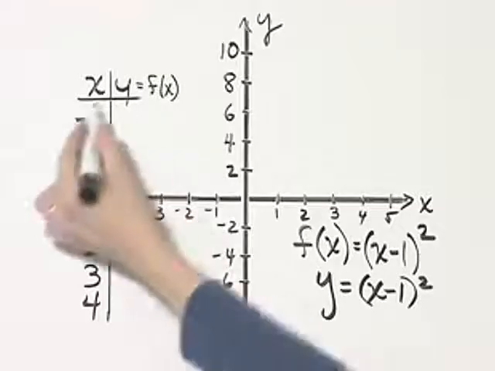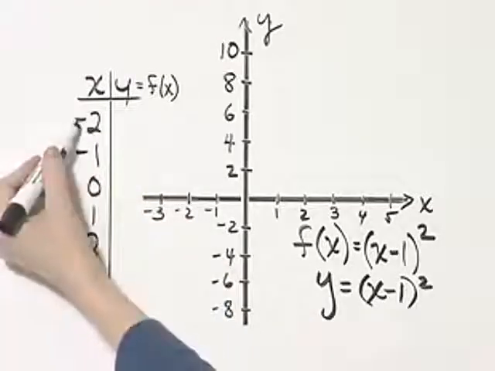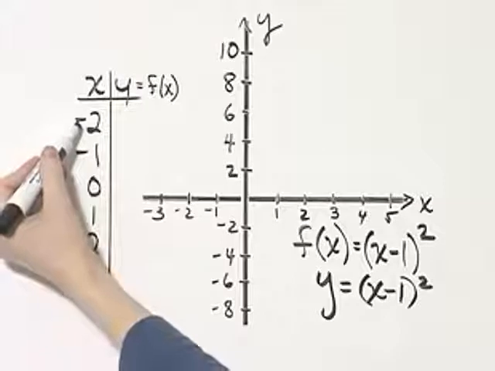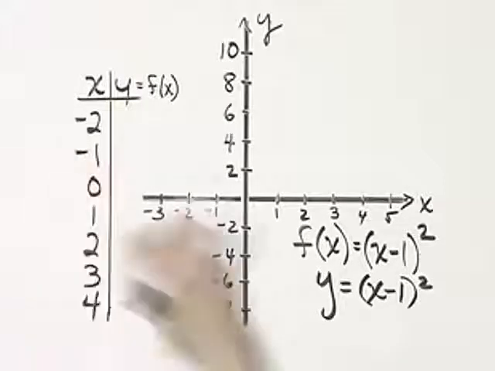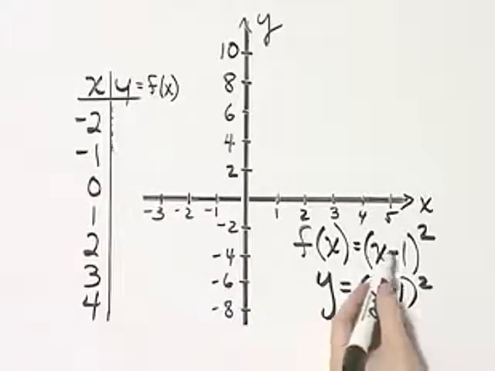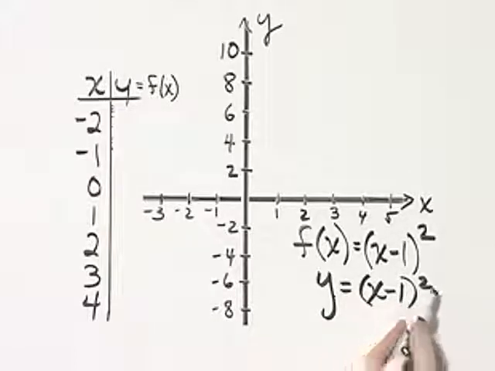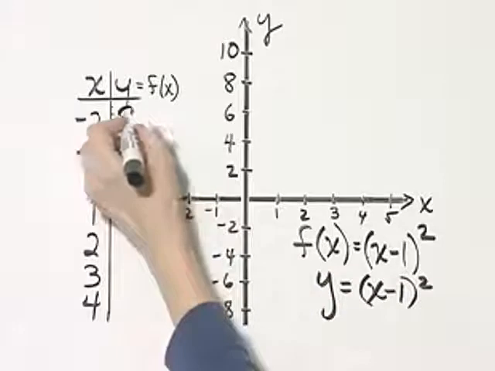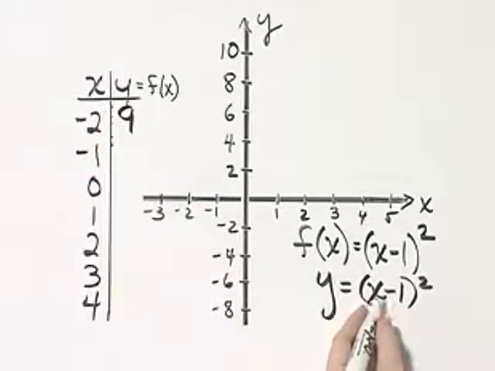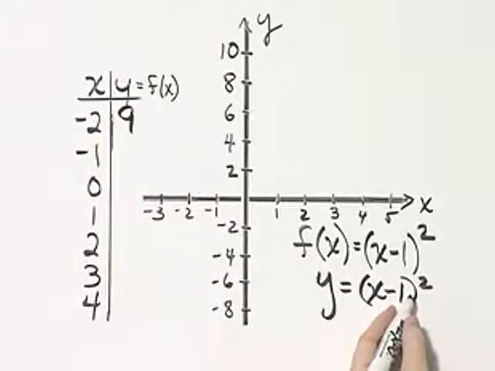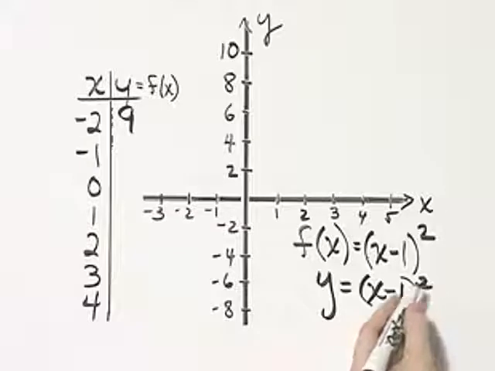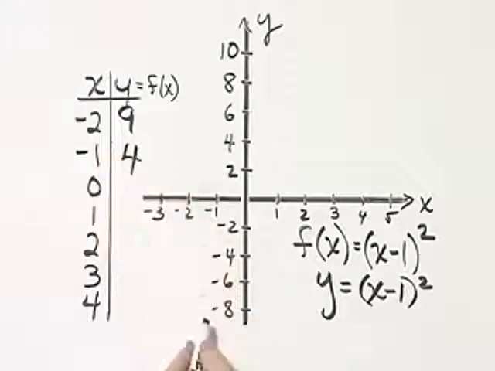So let's plot these points. First we'll find these ordered pair solutions. If x is negative 2, negative 2 minus 1 is negative 3, and negative 3 times negative 3, that's 9. Negative 1 minus 1 is negative 2, and that's squared, so negative 2 times negative 2, that's 4.